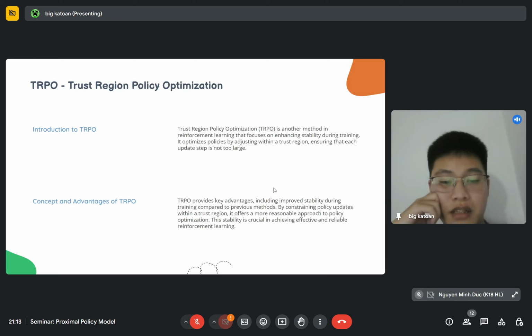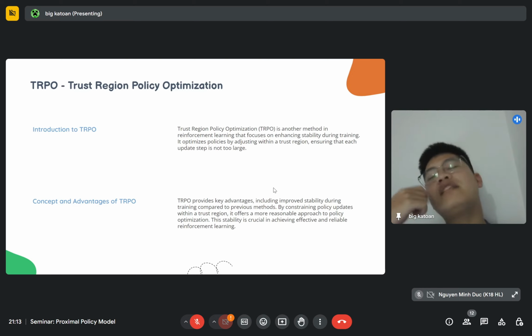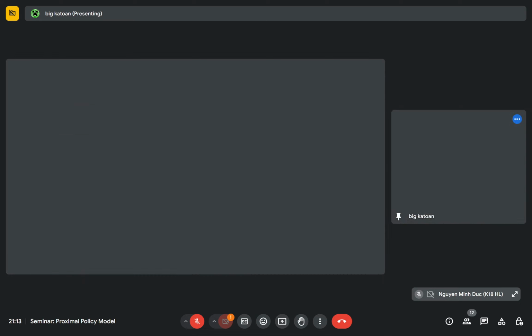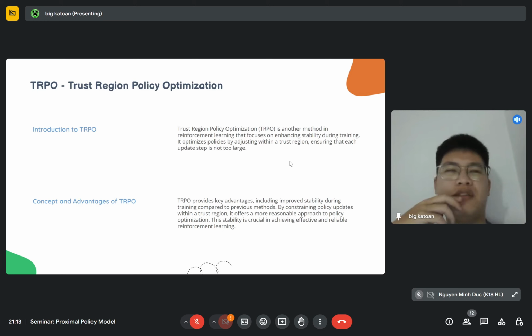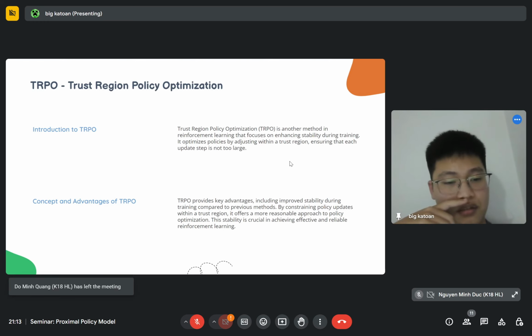By constraining the policy update with a trust region, it is often a more reasonable approach to policy optimization. This stability is crucial for effective and reliable reinforcement learning problems. Currently, it's used almost for LLMs, because in the robotics field, TRPO and PPO are not too good.